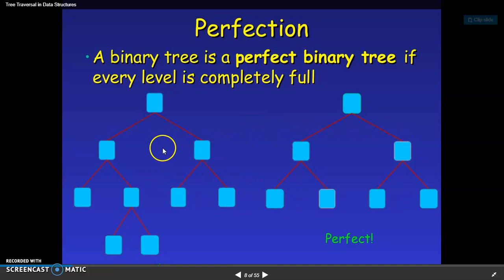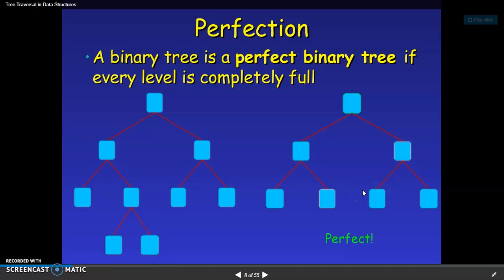In this, each and every internal node has two child nodes. In the first figure, the internal nodes are the first one, these two, and this one. All these internal nodes have two child nodes. So this is a perfect binary tree, and in the second figure also the same. Each and every internal node has two child nodes, so this is also a perfect binary tree.